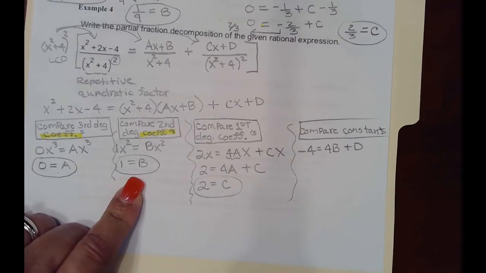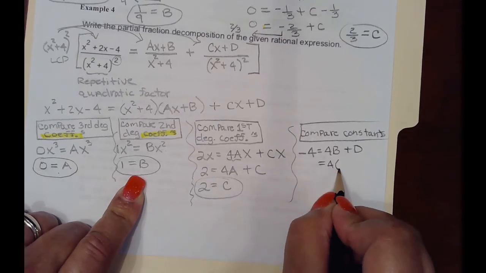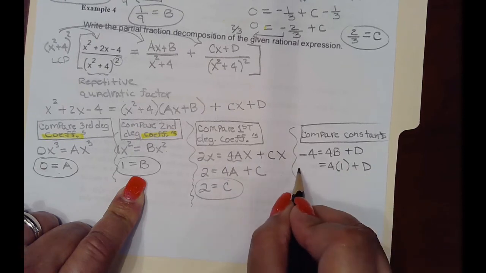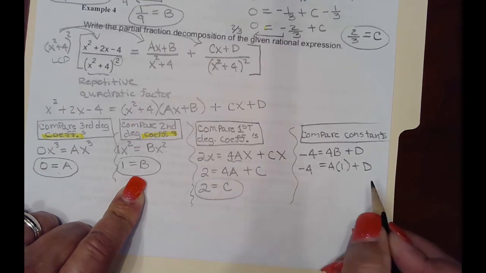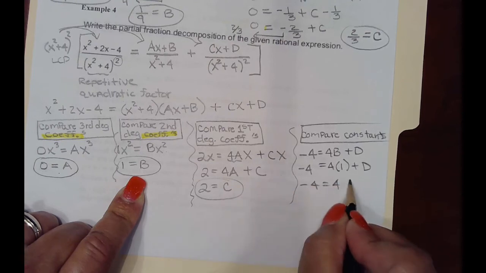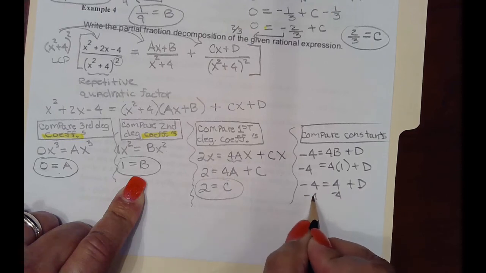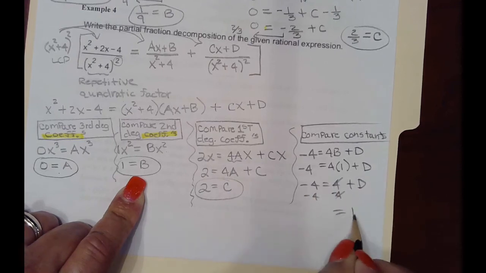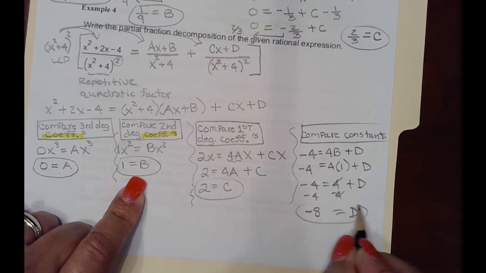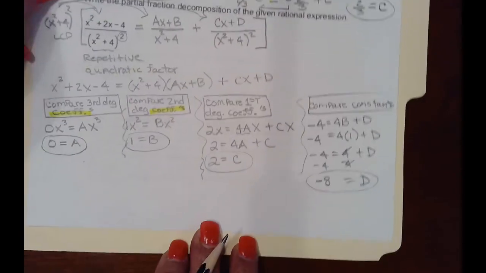We know that the B value is 1, so if we put that 1 right in here, and we leave this D right here, we would have negative 4 is equal to 4 plus D. And if we wanted to solve for D, we could subtract 4, that would get rid of this and leave us with D is equal to negative 8. So now we have all of our values and we can give our final answer.